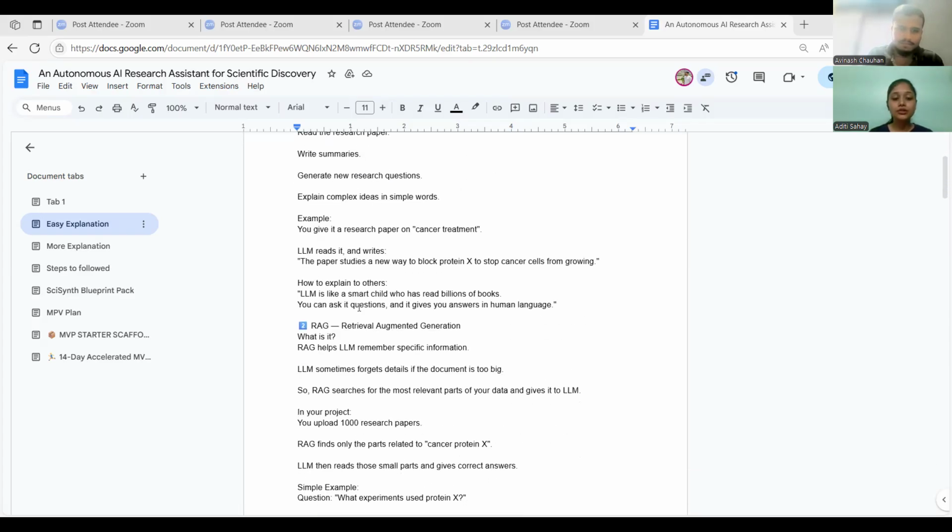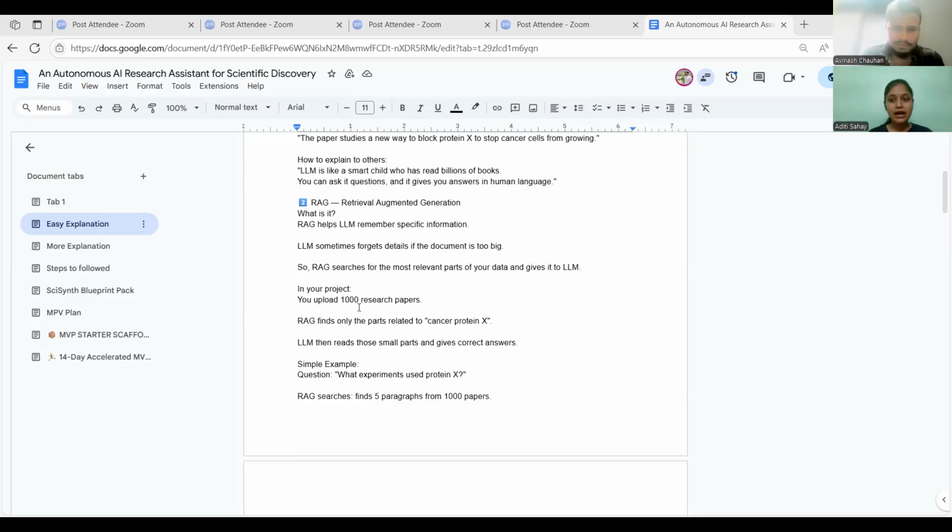Now, if we move further, the next one was RAG. RAG is retrieval augmented generation. Why are we reading about RAG when we already know about LLM? So I'll tell you one thing. LLM has everything, it's capable enough, but everything has some disadvantages as well as advantages.